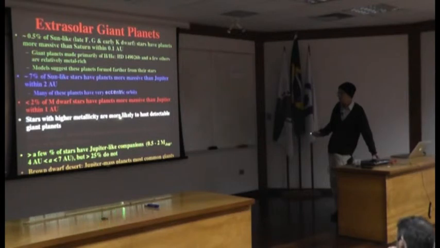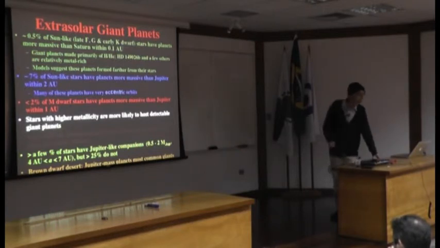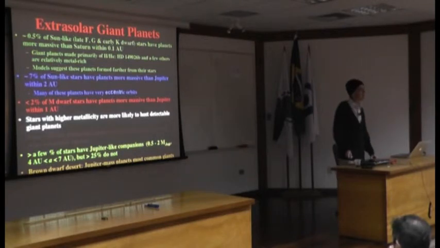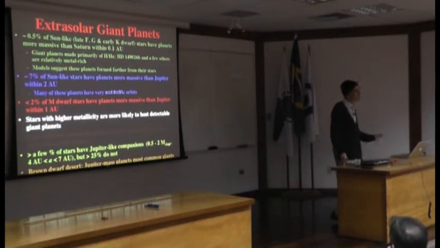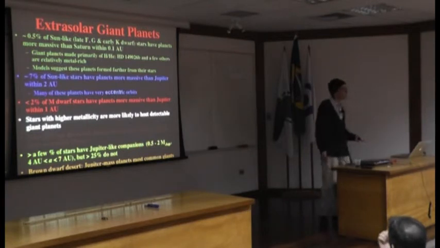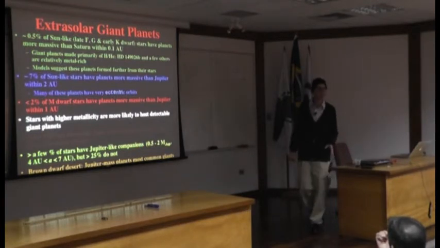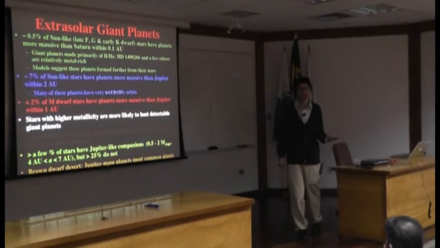Stars with higher metallicity, again, heavy elements, are more likely to host detectable giant planets, but not terrestrial planets. So it seems that solid material is necessary for giant planets, but not terrestrial planets. Well, that's not quite true, because the real old stars, which have very little solids, we don't have any information.